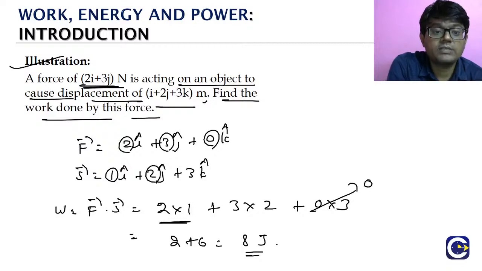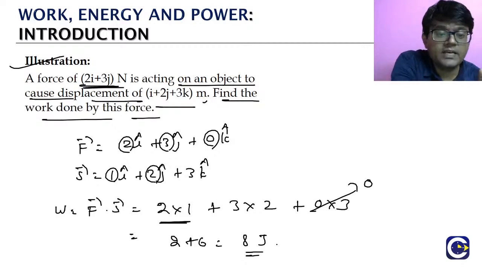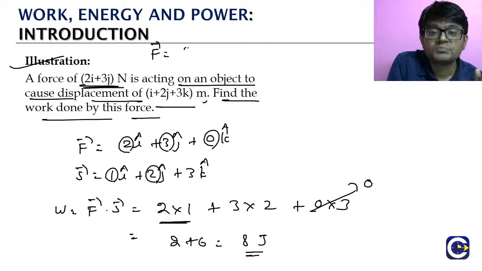Like they can give us a force and a displacement. They will give us both the vectors and say the work done is 0 in the components. Like they may give force as 2xi plus 6j plus 8k, and they will give us the displacement.